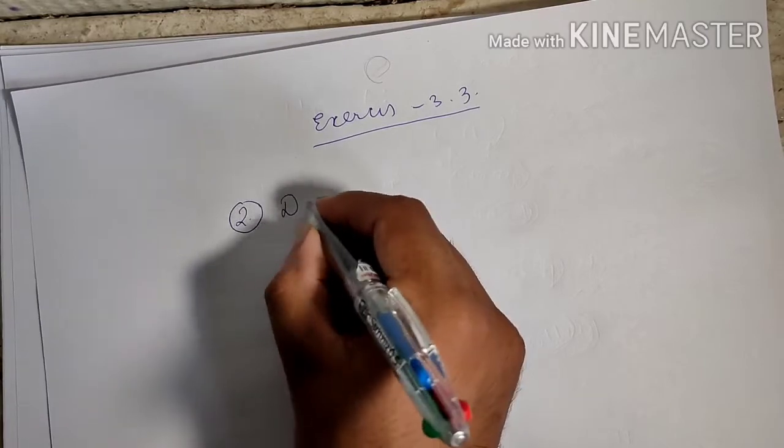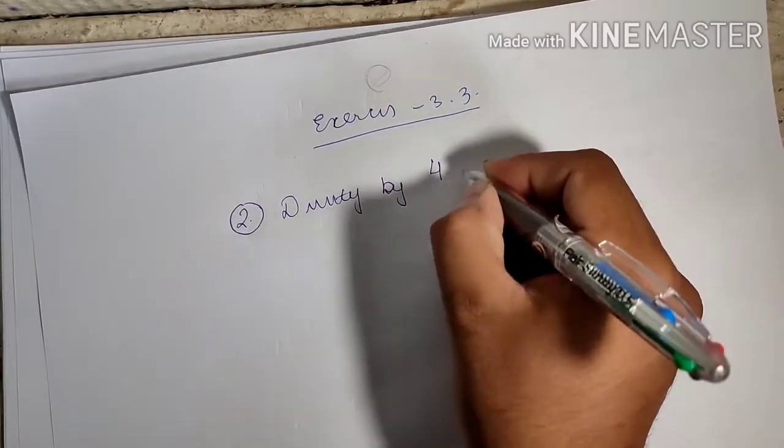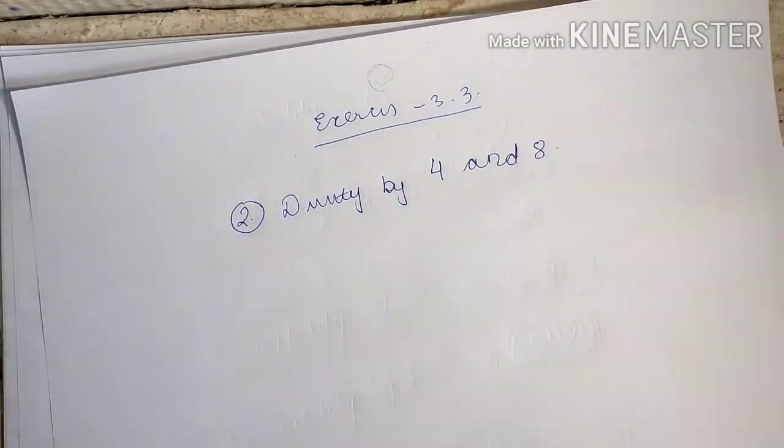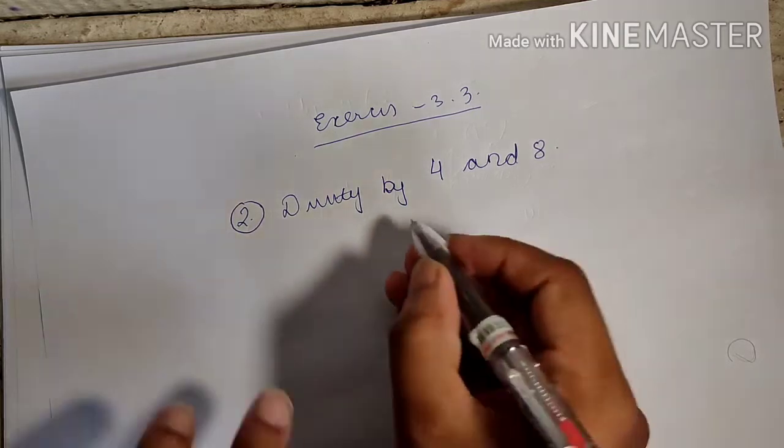We have to know the divisibility test by 4 and 8. So first tell me, how do we know that a number is divisible by 4? I told you just now.